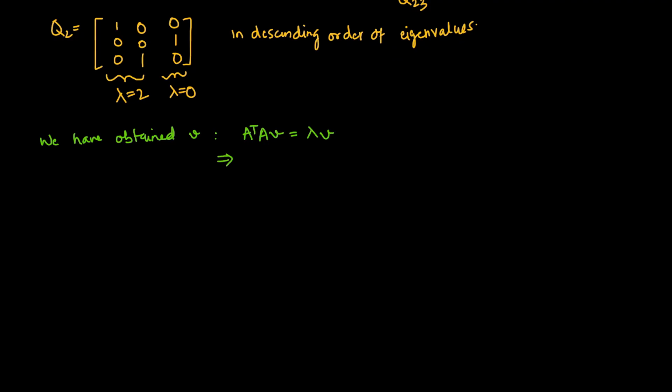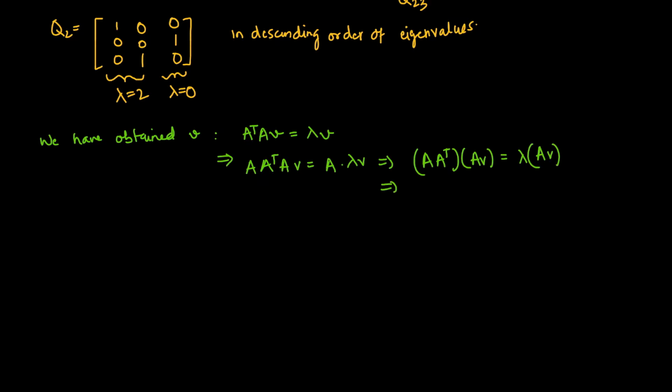Now this means if I multiply by A on the left, I obtain A times A transpose A V is equal to A times lambda V, which is the same as saying A A transpose multiplied by AV equals lambda times AV, since lambda is a scalar, I can pull it out and write it this way.